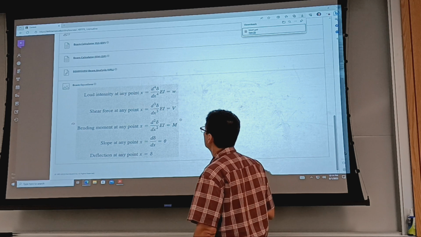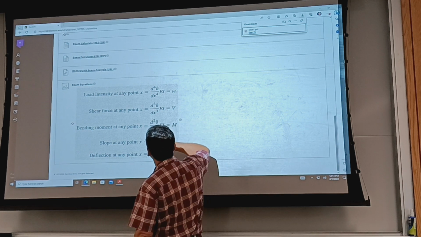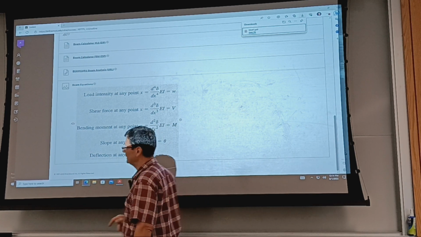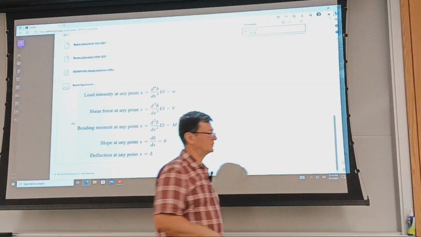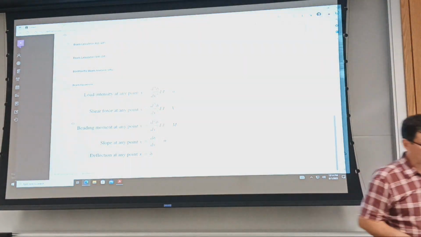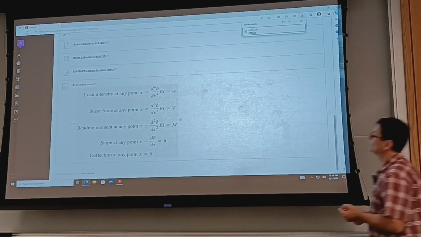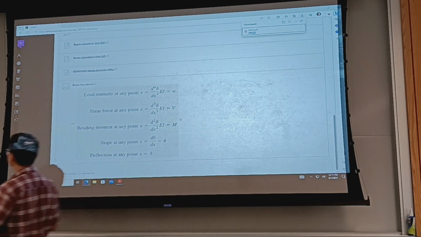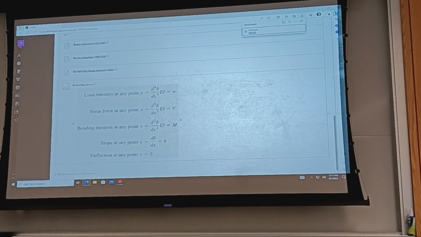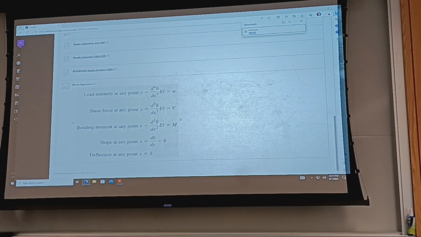For example, and we did this, we took the derivative, stating that dM over dx was V of x.